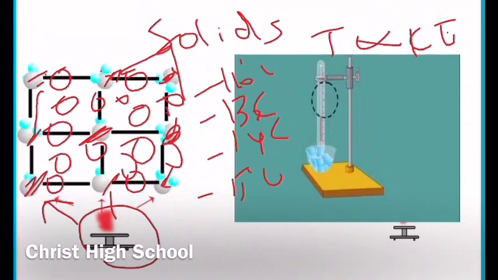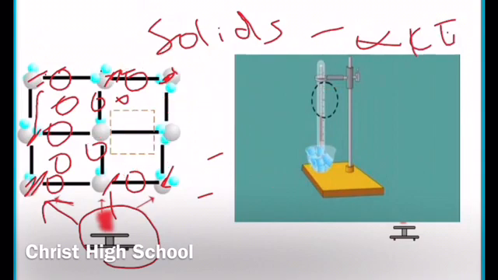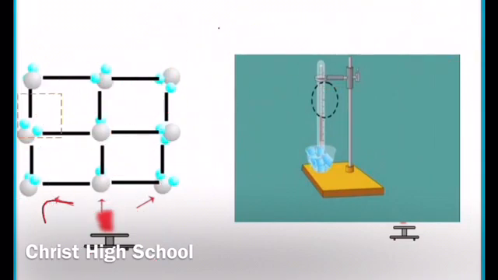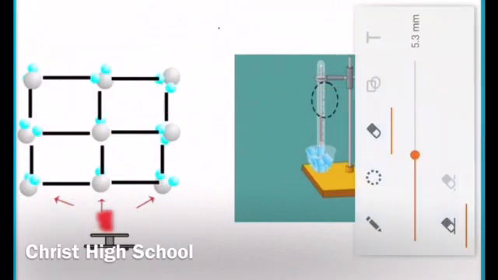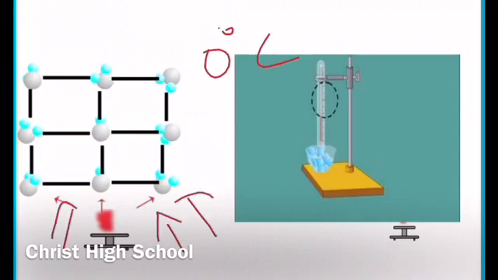But when the temperature reaches 0 degrees Celsius, then there is a change. After reaching 0 degrees Celsius, the heat energy absorbed by the particles is not utilized for increasing the kinetic energy.